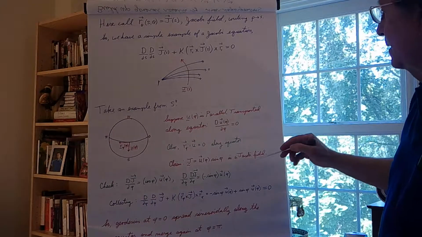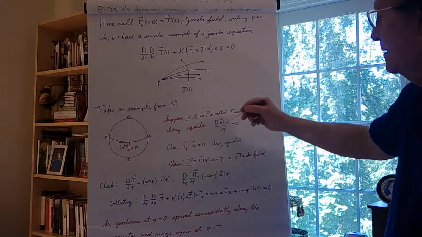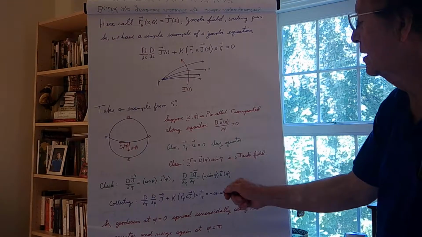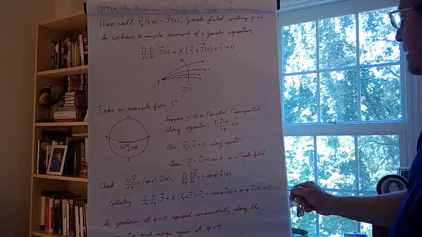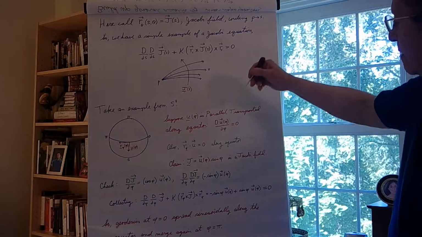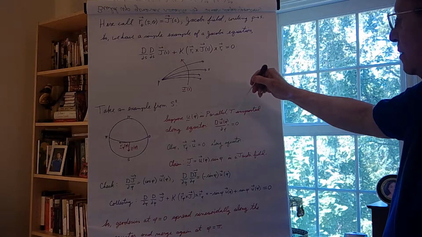Let's prove it. I want to take the second derivative of the Jacobi field with respect to S. In this particular direction, my arc length is parameterized by phi, so I differentiate it with a covariant derivative. The covariant derivative hits U, but U is parallel transported by definition, so that gives me 0.